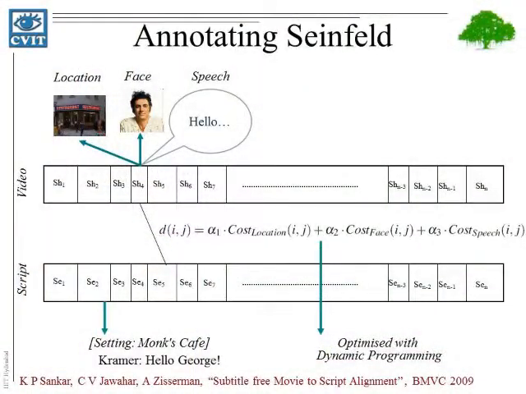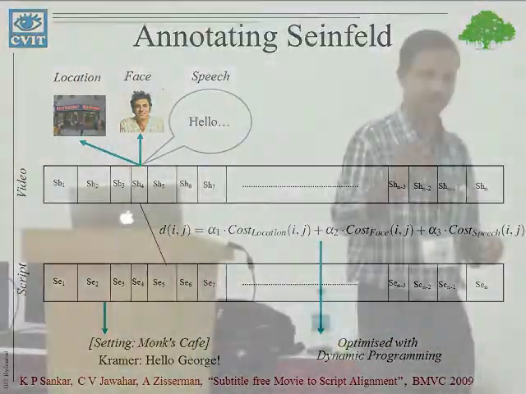So this was the initial setting. Can we take one more step, to more complex processing? This required only very minimal amount of image processing and text processing to solve this problem. Can we go beyond that? The next issue we looked at is, can we work with movies?